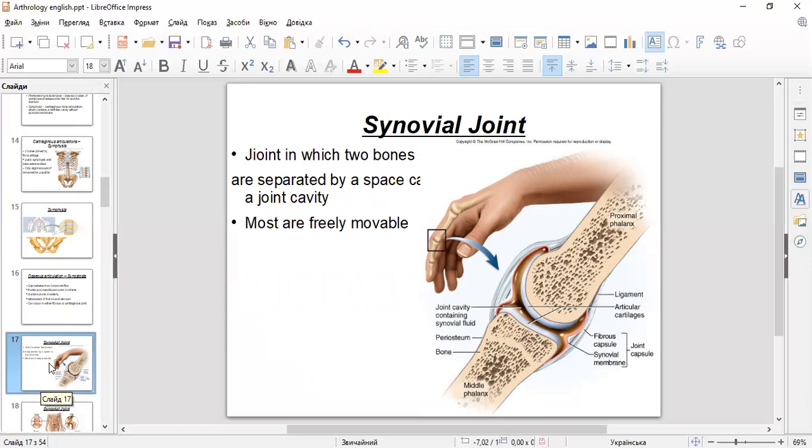Synovial joint. Joint in which two bones are separated by a space, cavity, most are freely movable.